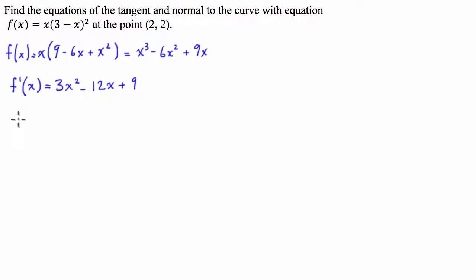So we go f dash of 2, and that's equal to 3 times 2 squared minus 12 times 2 plus 9. Cool. So 4 times 3 is 12, minus 24 is negative 12, plus 9 is negative 3.